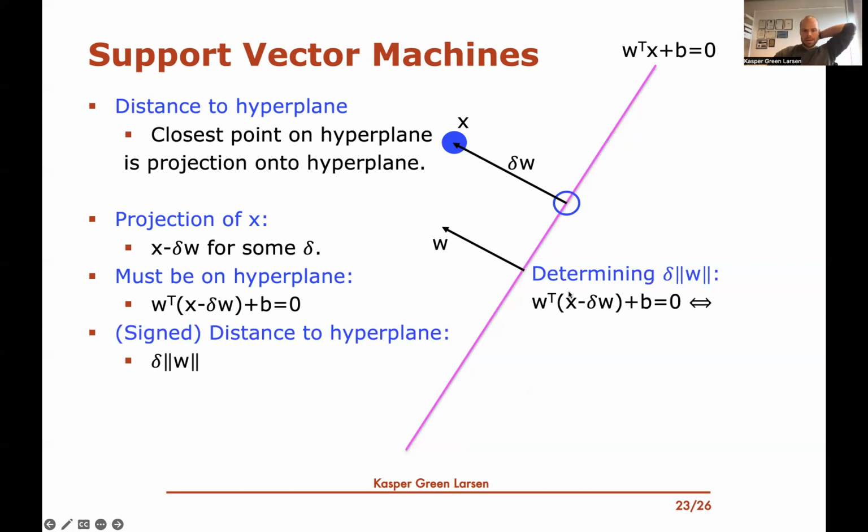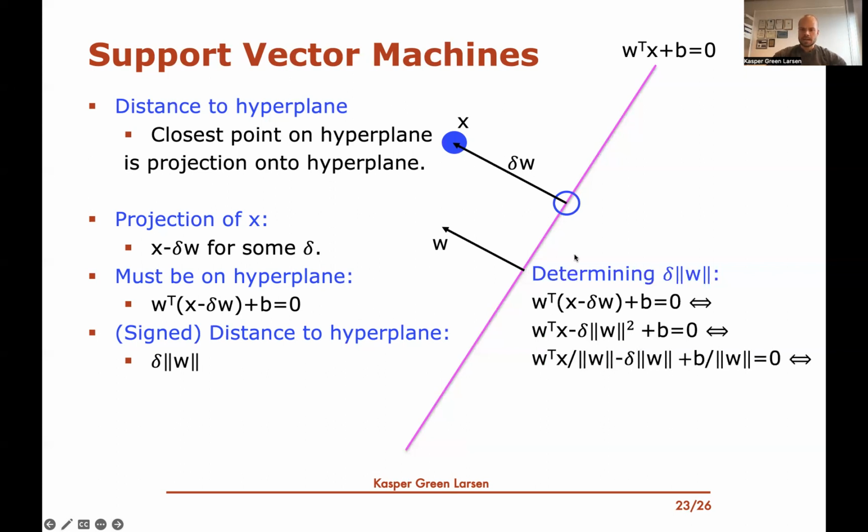So let's try to figure out what this distance to the hyperplane is. We can compute this just from knowing that it satisfies this equality here. So I look at this equality and multiply the W into the parentheses. So we have W transpose X, and then W transpose W, which is the squared norm of W. We have our delta, we have our B. Now I take this whole expression and divide by the norm of W, assuming that it's non-zero.